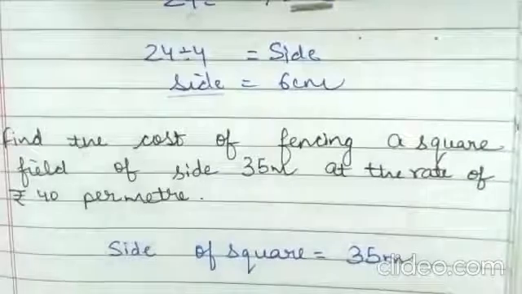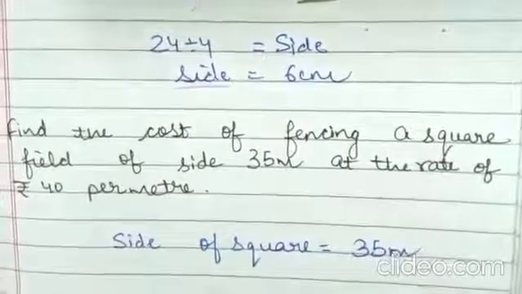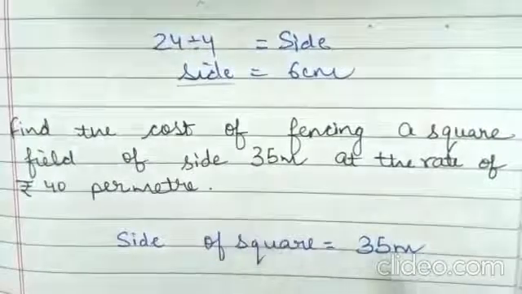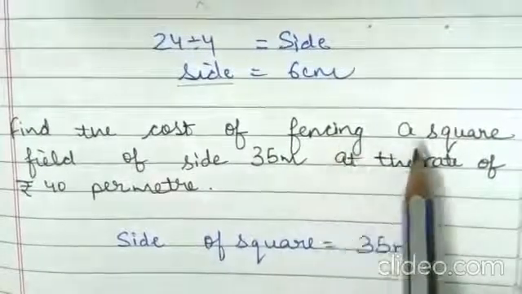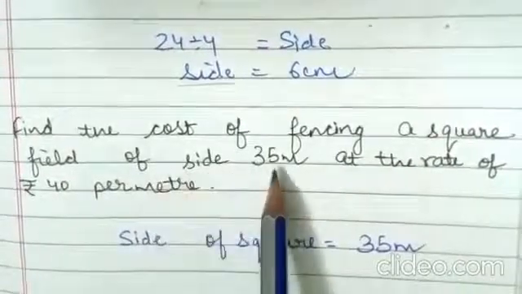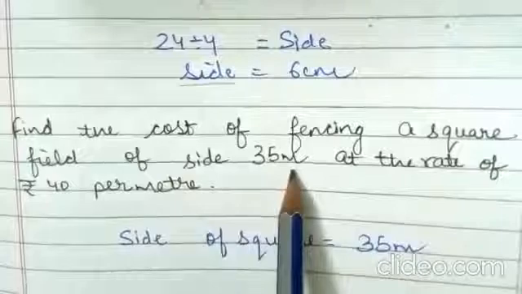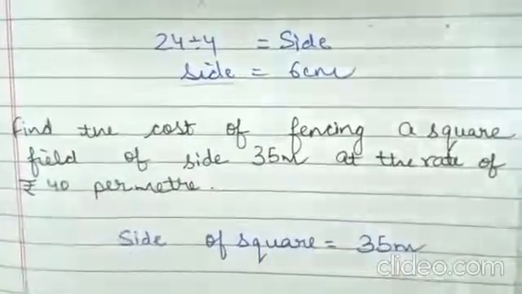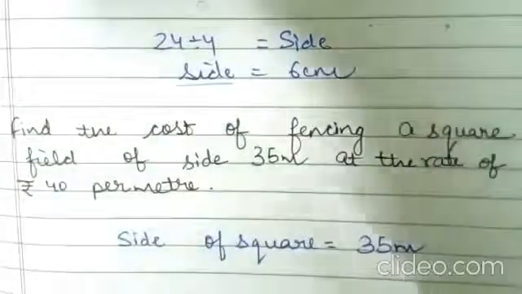Now children, the next question is, find the cost of fencing a square field of side 35 meters at the rate of rupees 40 per meter.